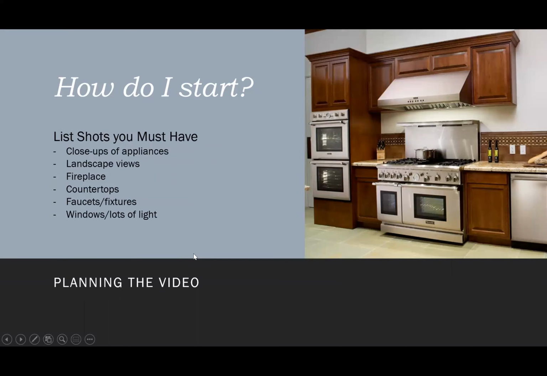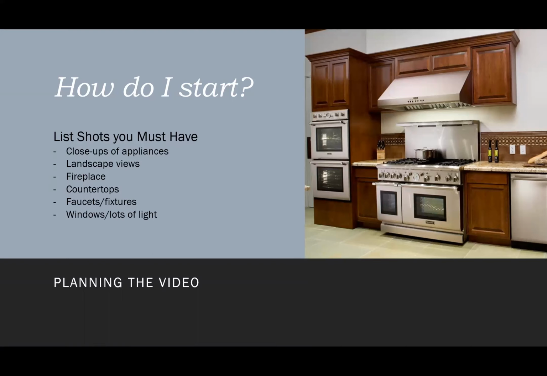Now you have a high-level view of what you want to do for your video. Then I would list what kind of shots you need in order to make it. For example, if I'm doing a walkthrough tour and it's a big great room, I definitely need to make sure I feature that.